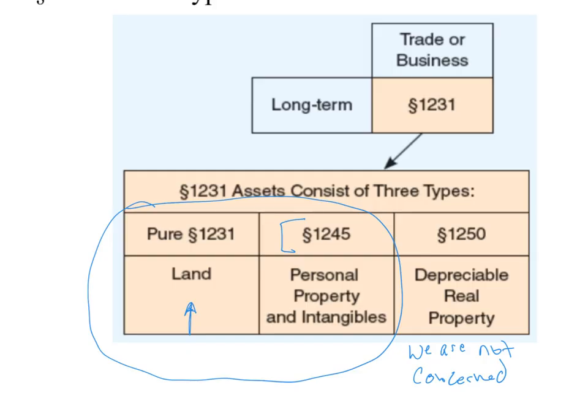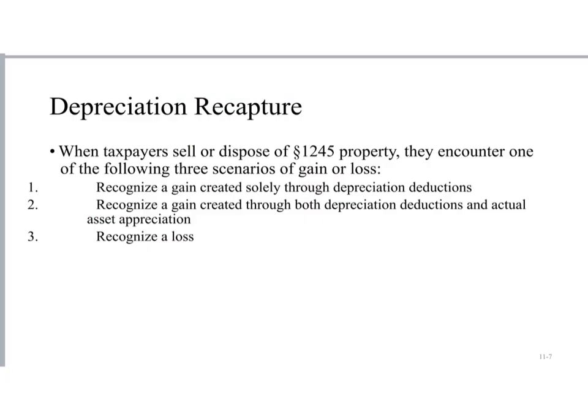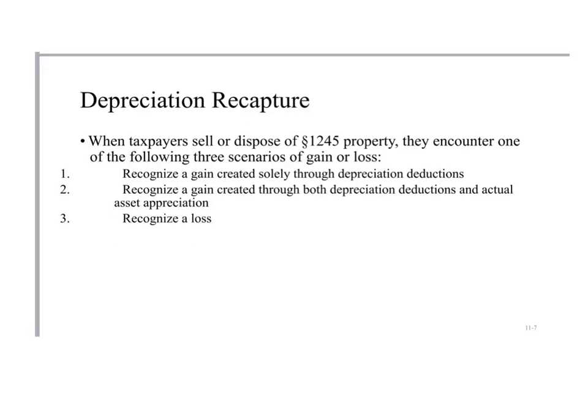So now let's talk about why we care. When you sell or dispose of 1245 property, so this is personal property, you encounter one of three scenarios.